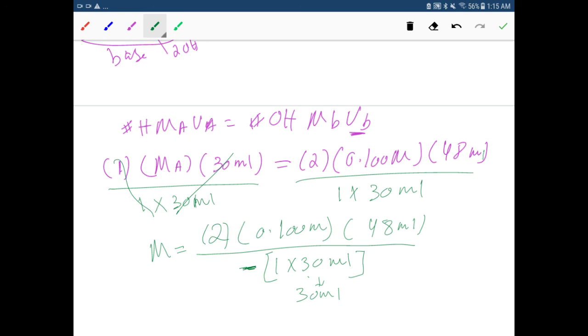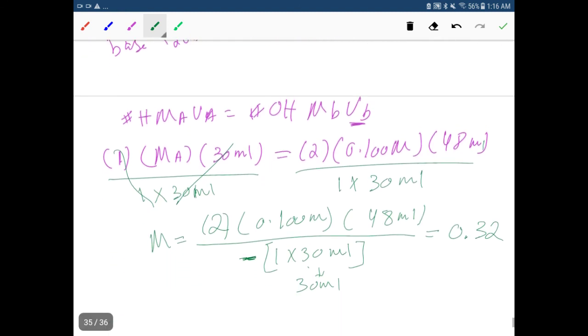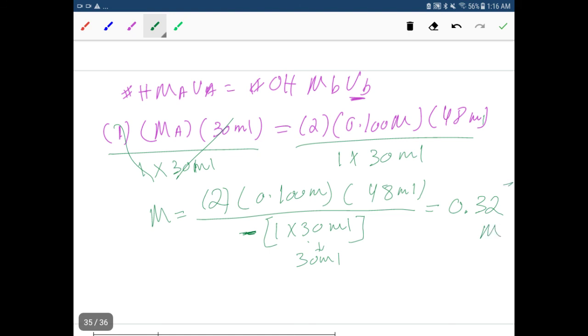It's going to be 2 times 0.1 times 48 divided by 30, and the final answer is 0.32. 0.32 what though? Since the question is asking for the molarity of the hydrochloric acid, it's molar. So MA is equal to 0.32 molar.